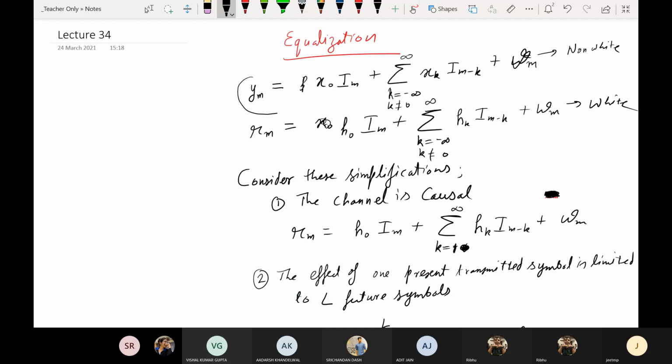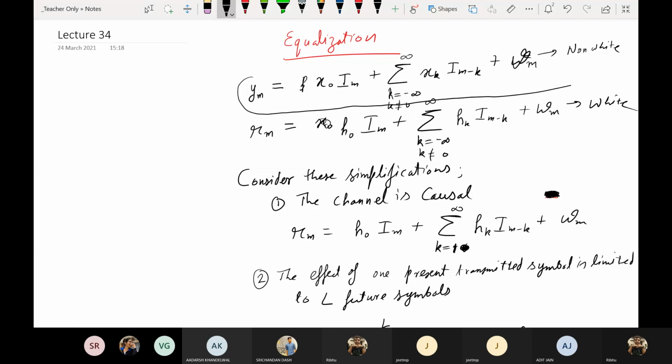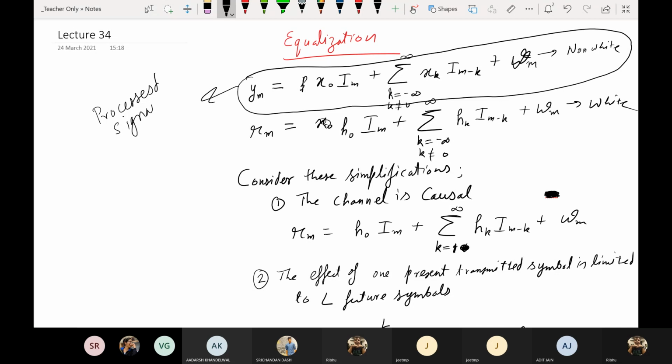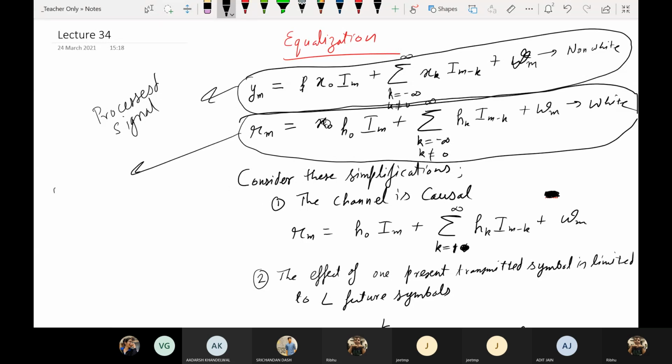Receiving this signal y[m], and we compared it. So this is the processed signal. Oops, sorry. This is the unprocessed.